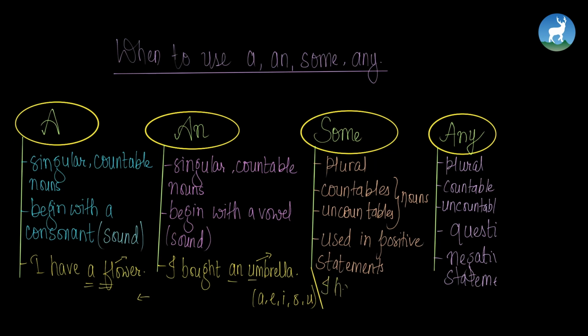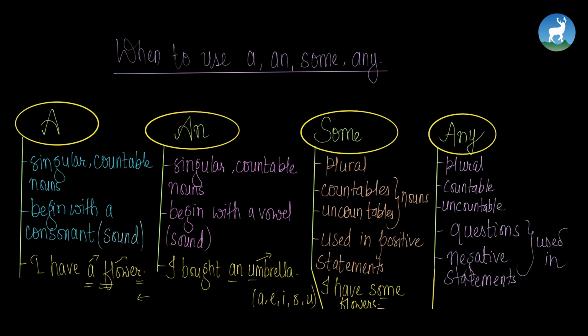I have some flowers. See here, in the first sentence I wrote a flower because flower is singular, right? And it's defined. So a means just one. Now flowers means plural, but when I don't want to disclose how many specifically in number, then I say some, right?